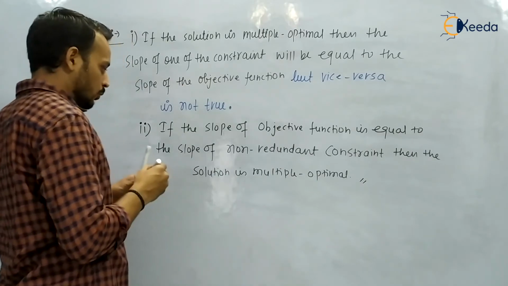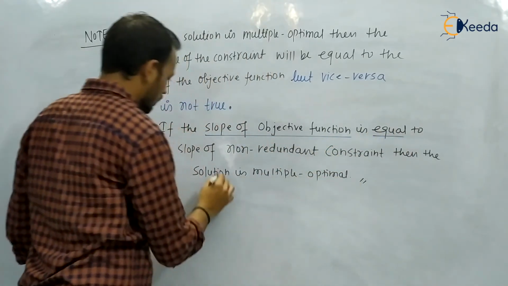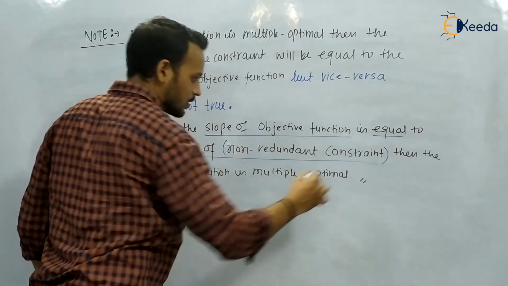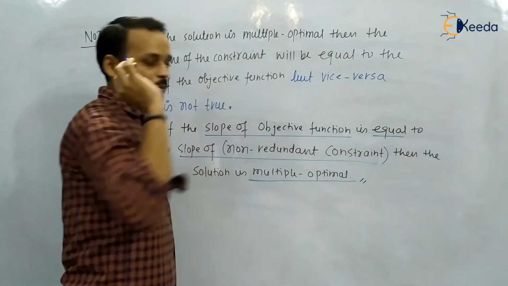Okay, very important point: the constraint must be of the non-redundant type, then only is the solution a multiple optimal solution.